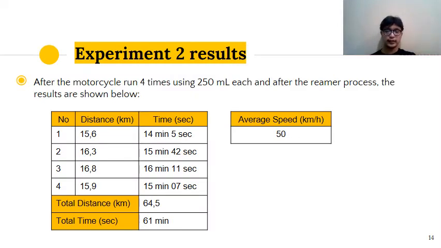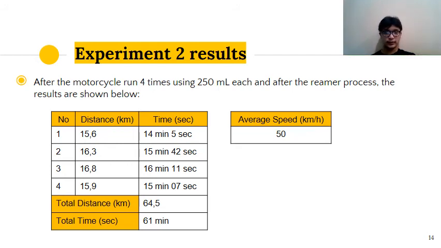After the motorcycle ran 4 times using 250 milliliters each, and after the reamer process, the results are shown below. The first trial takes 15.6 km in about 14 minutes and 5 seconds, and then the second trial, 16.3 km in about 15 minutes and 42 seconds.